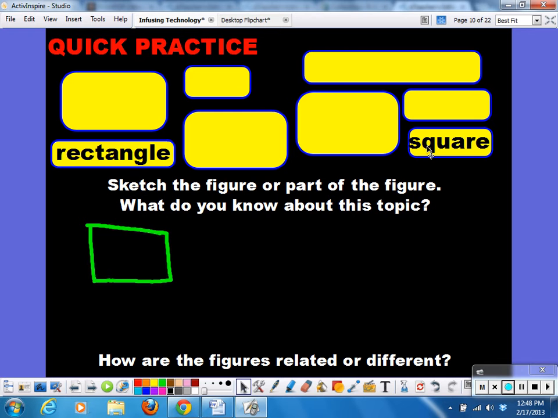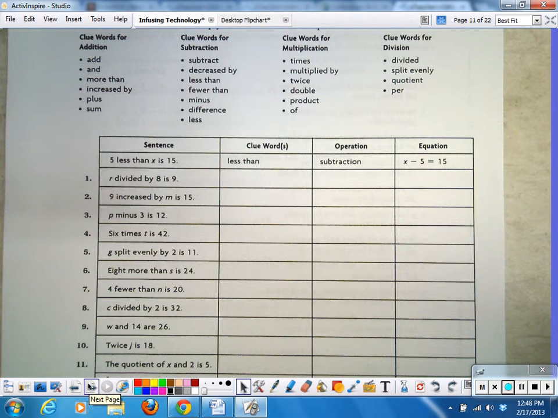Another student comes up, then they sketch a picture of their word, and then the students lead their discussion on what do you know about this topic. Because you have two things up there, you can get into your similarities and your differences and have the kids lead the discussion with their peers.